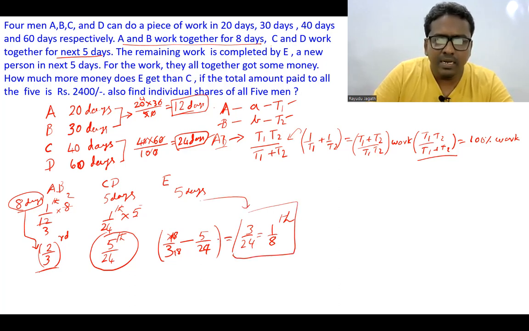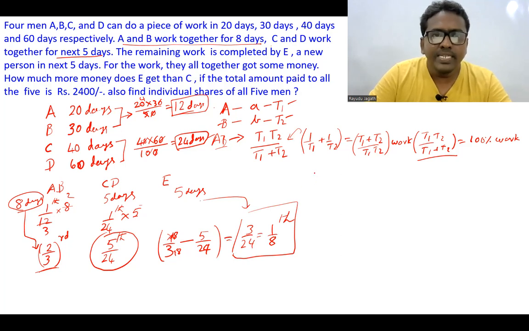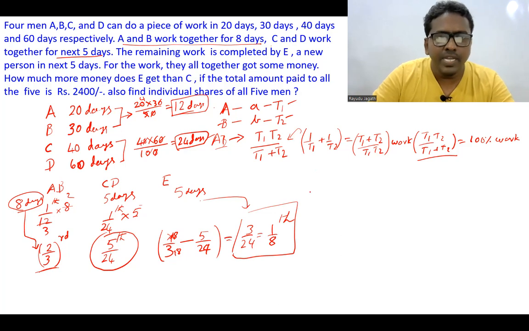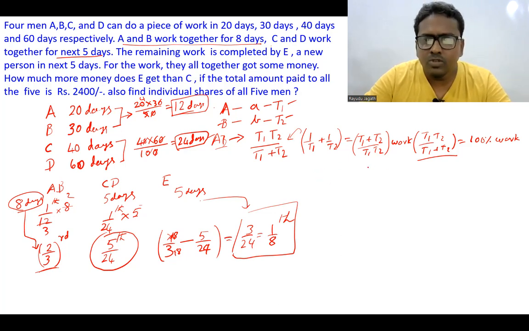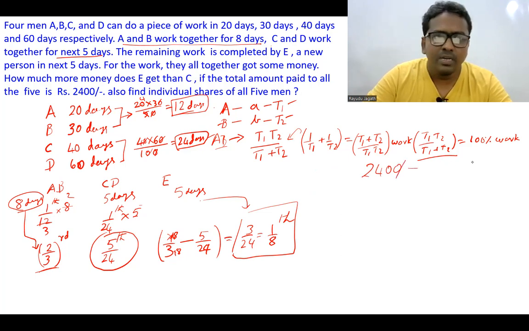So CD did 5 by 24th work. E did 3 by 24th work. AB did 2 by 3 work. Now wages are distributed in proportion to the amount of work they did. So the total amount is 2400, given for 100% of the work.